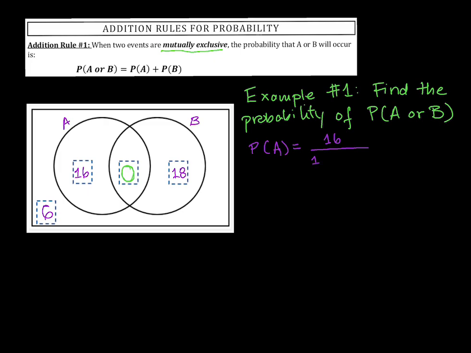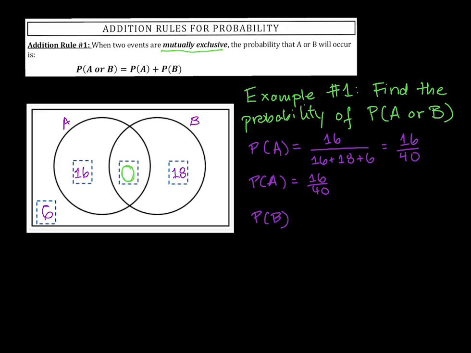All of the outcomes in the universal set, which is the rectangle, is all three of the numbers added up. Well, there's a 0 in there, but we don't have to add 0. So this is 16 out of 40, and I'm just going to leave it like that. I'm not going to simplify it, but I will write the probability of A equals 16 out of 40. And the total's the same.